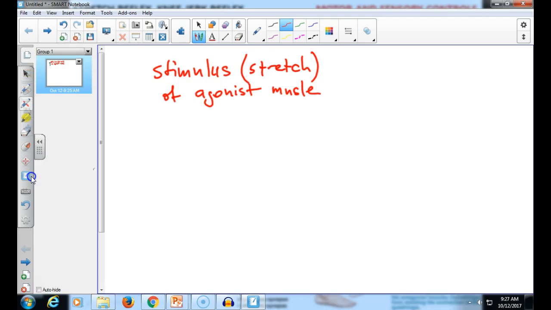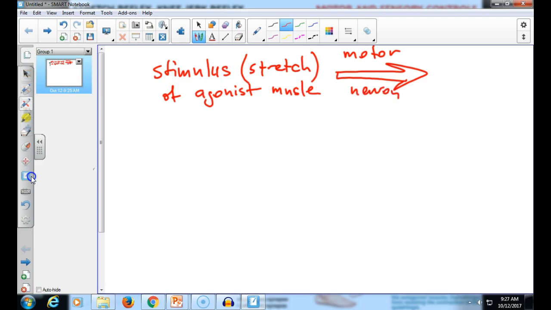Awesome. What happens to the motor signal? So this arrow represents what? Which anatomical structure? Which cell? Sensory neuron.